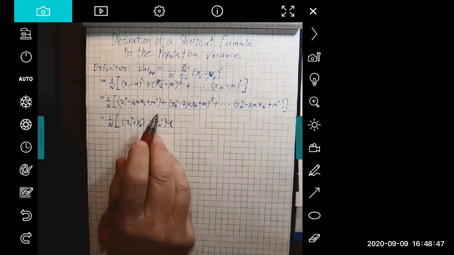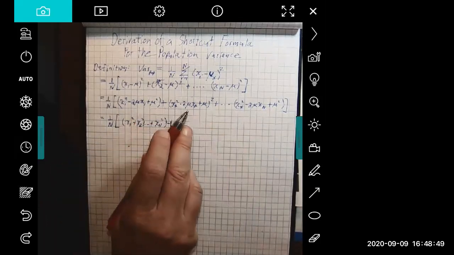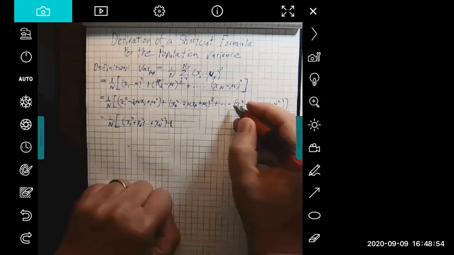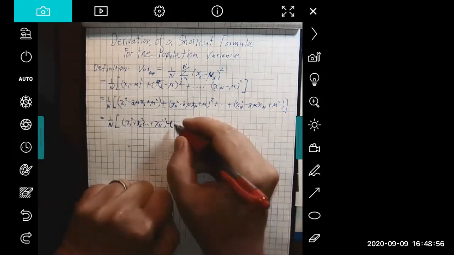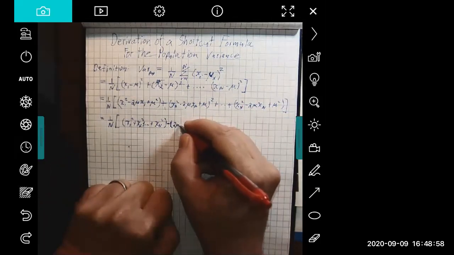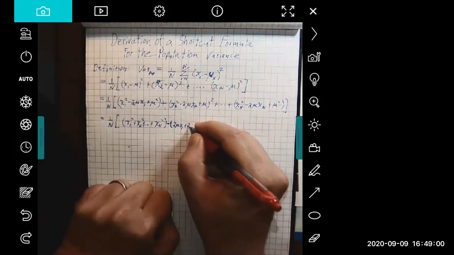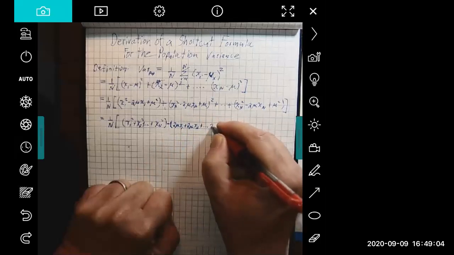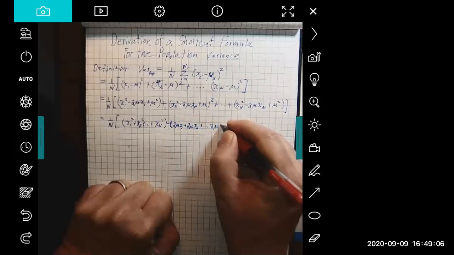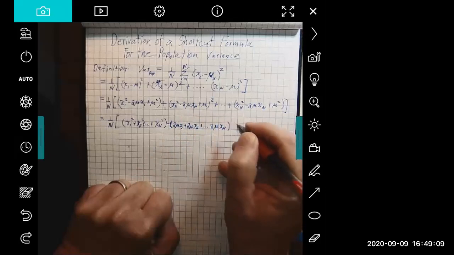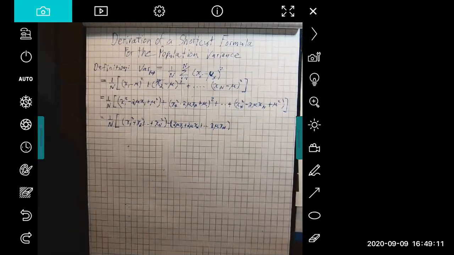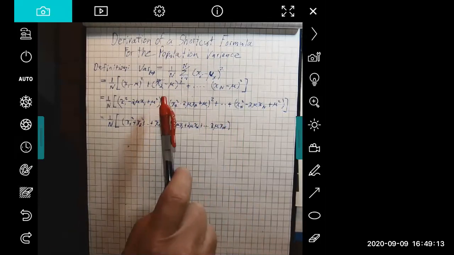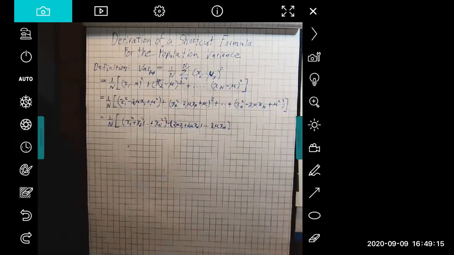And then I've got minus 2 mu x1 and minus 2 mu x2 and so forth. So I got those together. And then I've got all these mu squareds. You got mu squared plus mu squared plus mu squared.